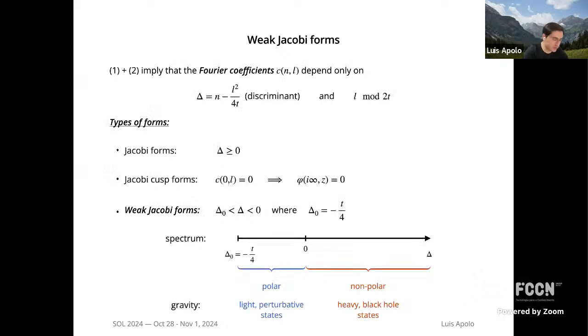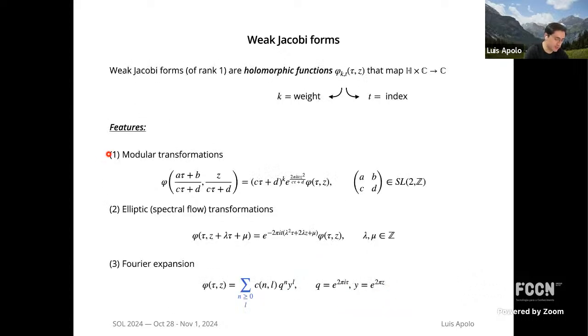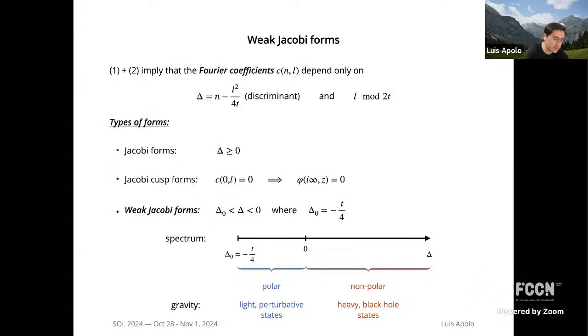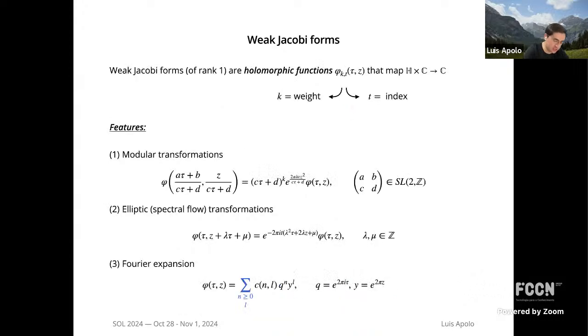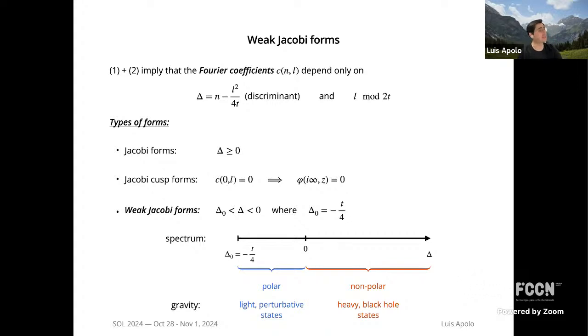The first two conditions, namely modular transformations and the elliptic transformations of these weak Jacobi forms, imply that these Fourier coefficients, these c(n,l), depend only on two variables: the discriminant, which is this combination of variables, and the value of l, this charge that appears here, modulo 2 times the index.